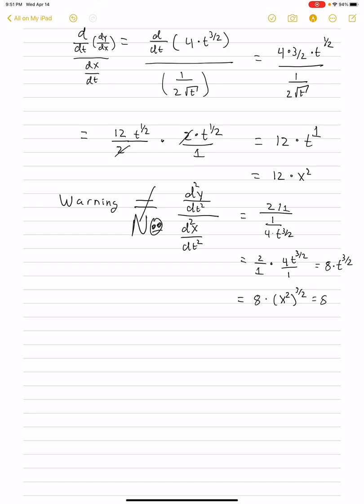So this will be 8x cubed. So this is a big no here. This is not equal to the derivative of 12x squared. It will lead us awry. So no, don't do it.